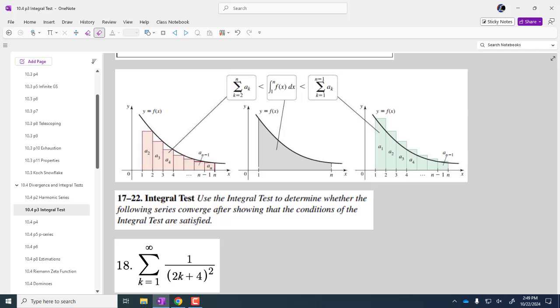Because we started counting at 2. So right there we have n minus 1 rectangles. Those rectangles match these. This summation adds a sub 2, a sub 3, all the way up. Do you agree that that's less than the integral, the area beneath the curve from 1 to n? Right, we can see it. Those rectangles are all below, so the area is less than that integral.